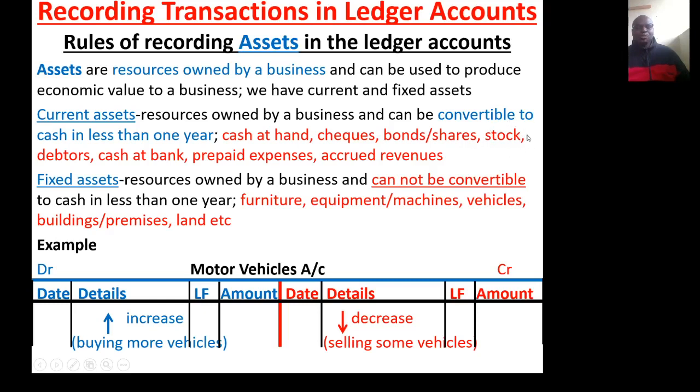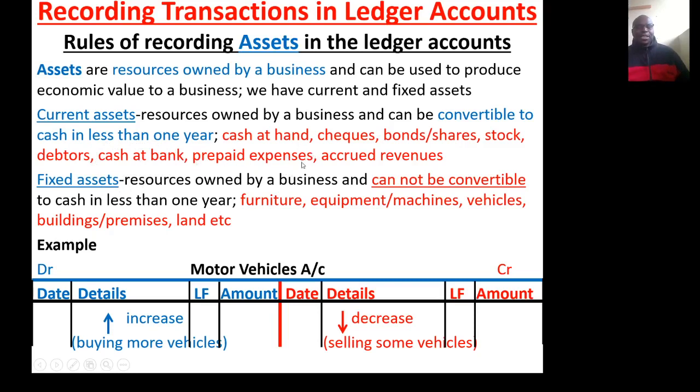For example, in a supermarket, we have utensils, we have detergents, we have unga, salt, bread, etc. Then we have debtors, those that buy from us on credit and pay us later. Then cash at bank, the money we have in the business account at the bank. Prepaid expenses.